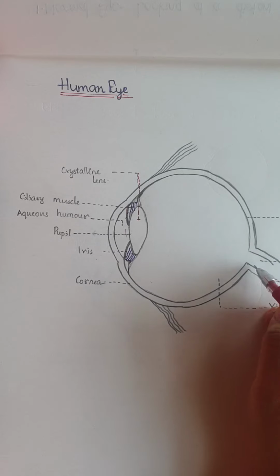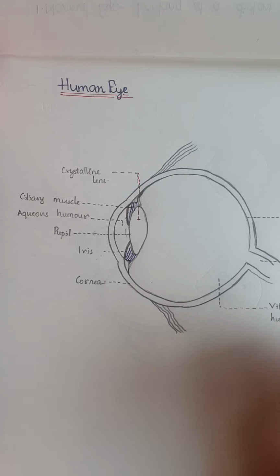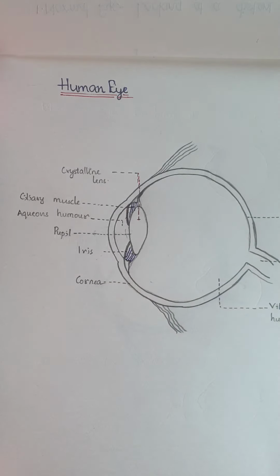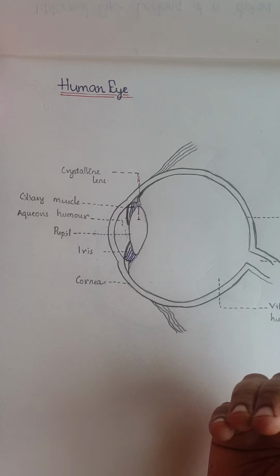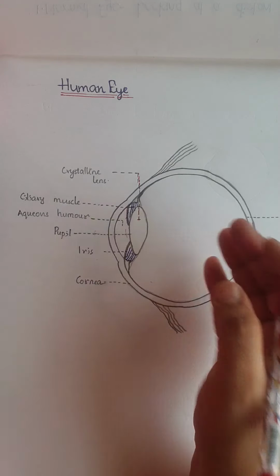This part is the optic nerve, children. The brain then interprets the signal, processes the information and allows the object to be seen.